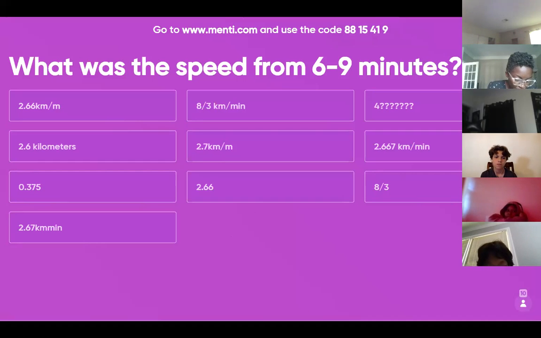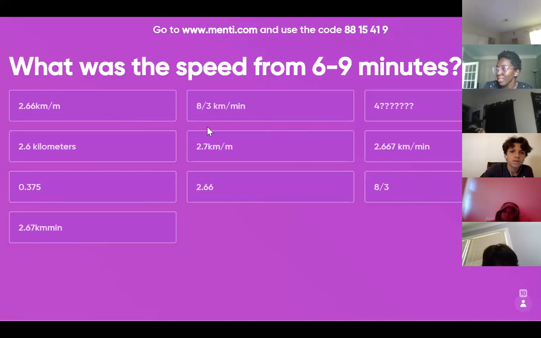Okay, so yes, for those of you who are getting the 8 divided by 3, I want you to actually divide those numbers, okay? So 8 over 3 means you need to divide those. So technically this is correct, but you need to divide this. So 8 divided by 3 would give you 2.66 or 2.667 or 2.7.